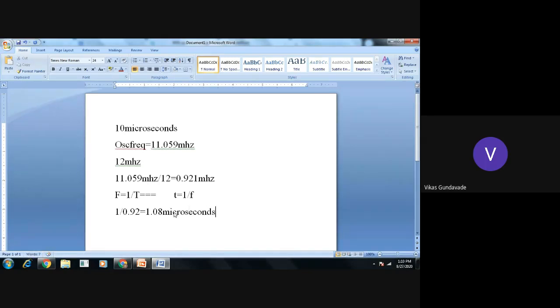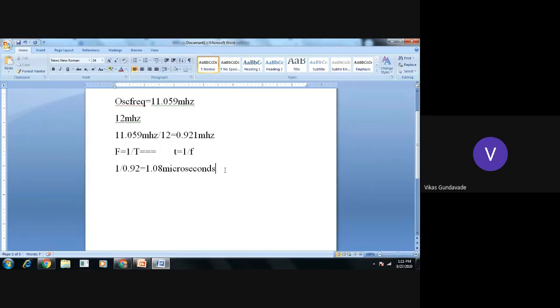Now this 1.08 microsecond is the time for a single clock, and according to that clock we need to calculate the time. Now what is the required time delay? 10 microseconds. That is the required time.